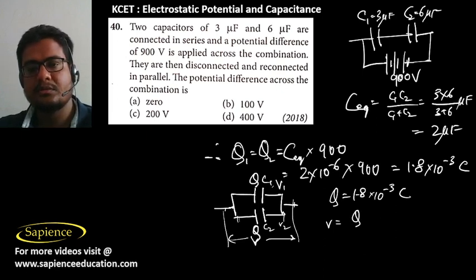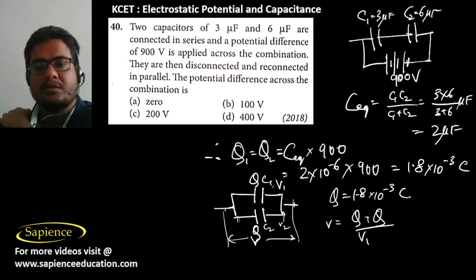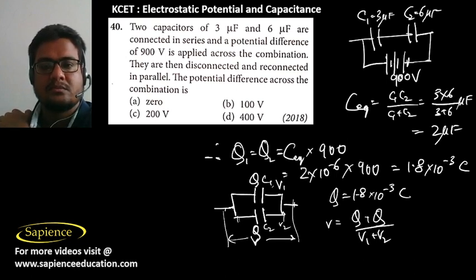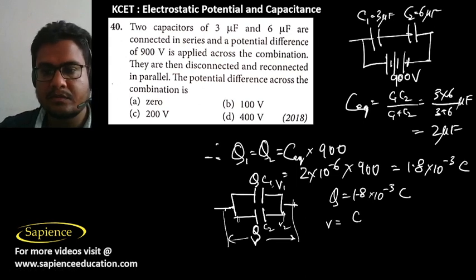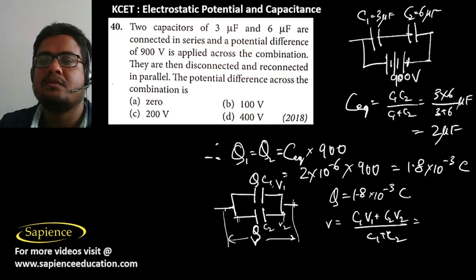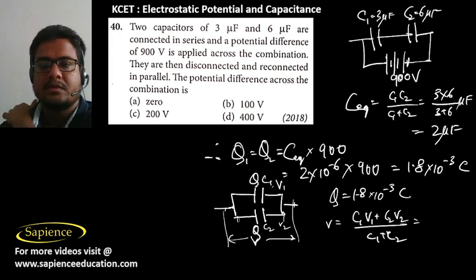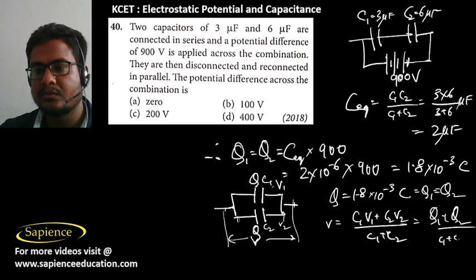So V will be equal to Q1 plus Q2 divided by C1 plus C2. Simply it will be C1 V1 plus C2 V2 by C1 plus C2, where C1 V1 is the same as Q1 and C2 V2 is Q2.